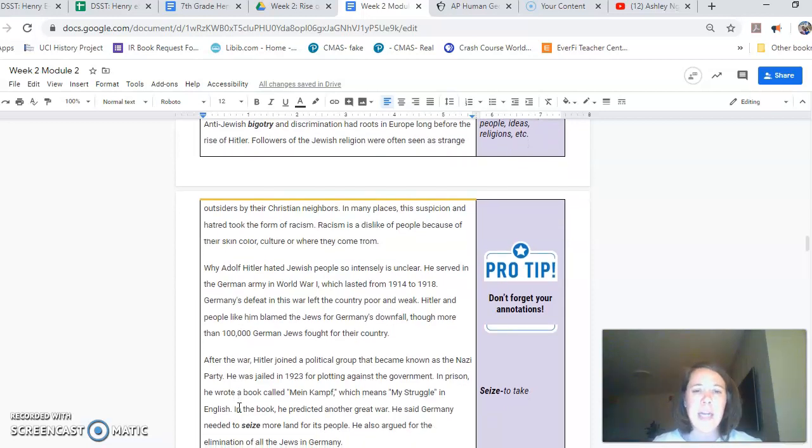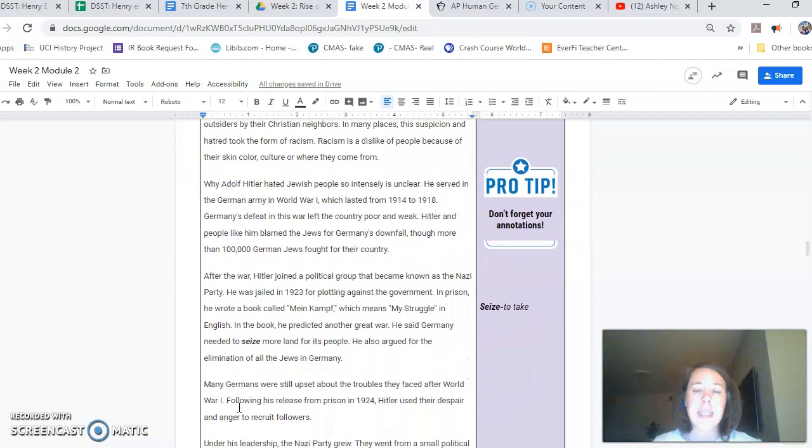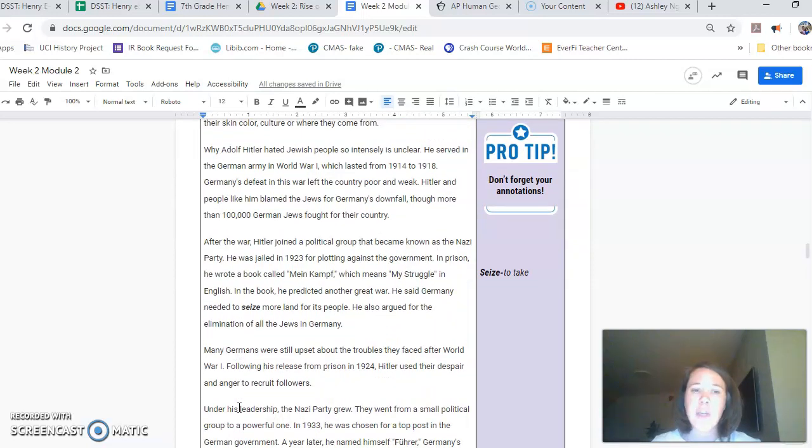Why Adolf Hitler hated Jewish people so intensely is unclear. He served in the German army in World War I, which lasted from 1914 to 1918. Germany's defeat in the war left the country poor and weak. Hitler and people like him blamed the Jews for Germany's downfall. The more than 100,000 German Jews fought for their country. After the war, Hitler joined a political group that became known as the Nazi Party.